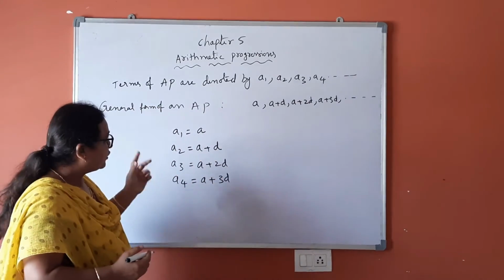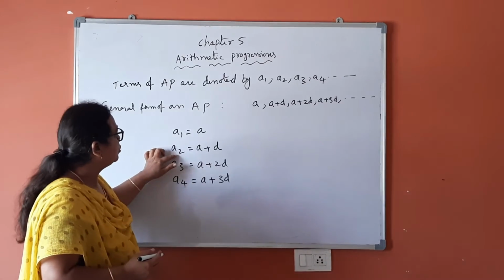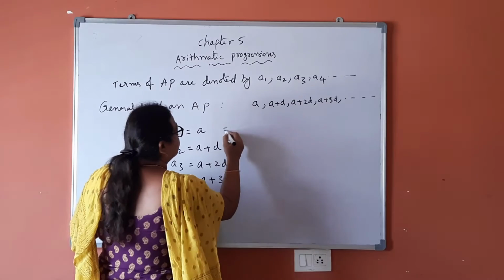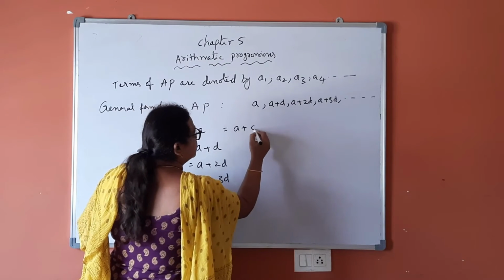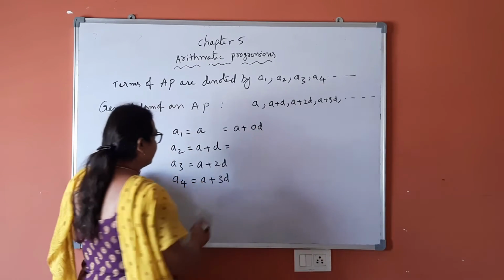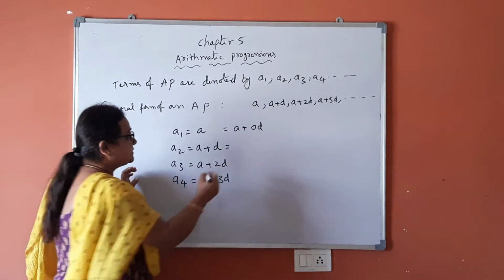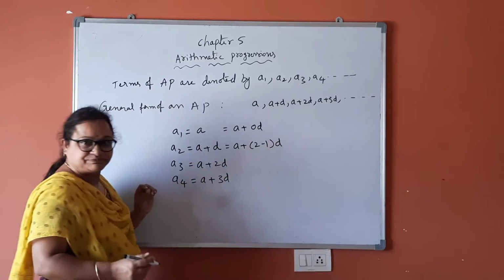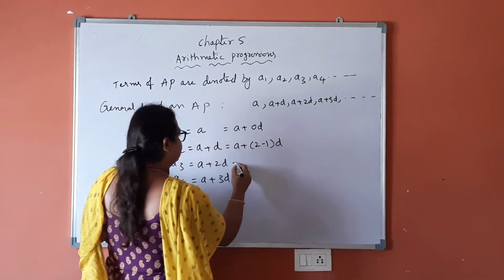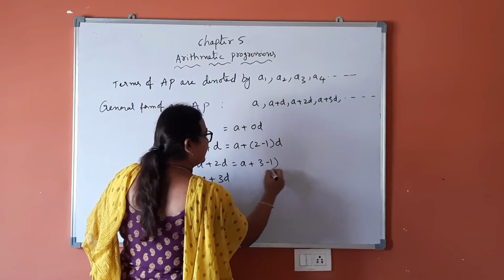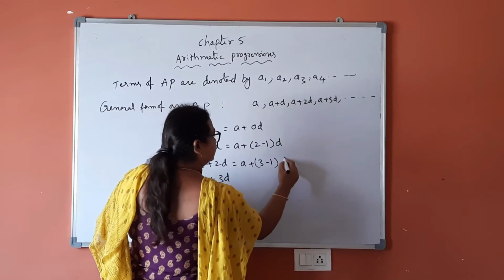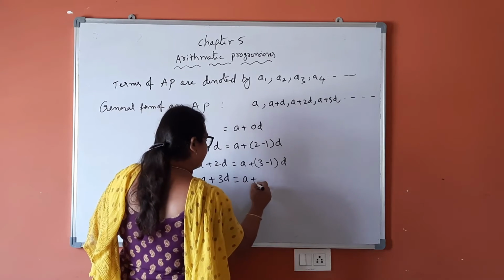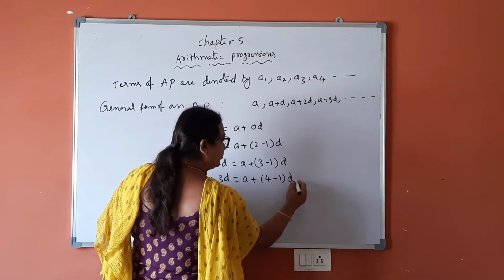So by this, what is our conclusion? a1 is equal to a, that is a plus 0d. a2 is equal to a plus 2 minus 1 into d. a3 is equal to a plus 3 minus 1 into d. a4 is equal to a plus 3d, that is a plus 4 minus 1 into d.